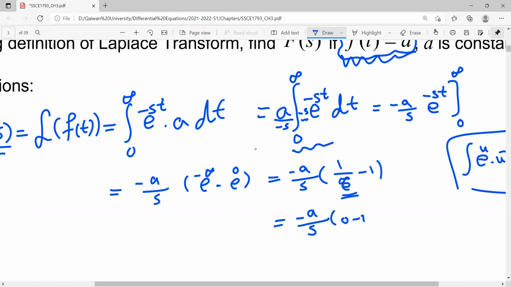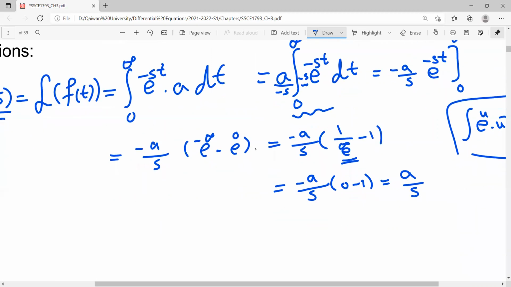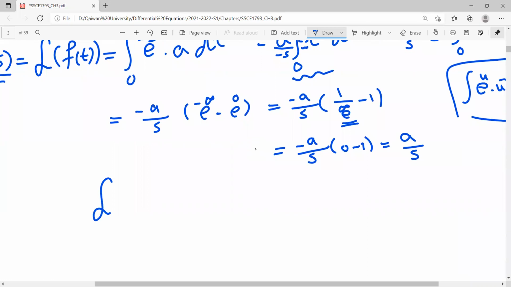So 0 minus 1, and it equals a over s. That means the Laplace transform of a is a over s. Here, this equals F of s. Okay, that's how we get F of s.